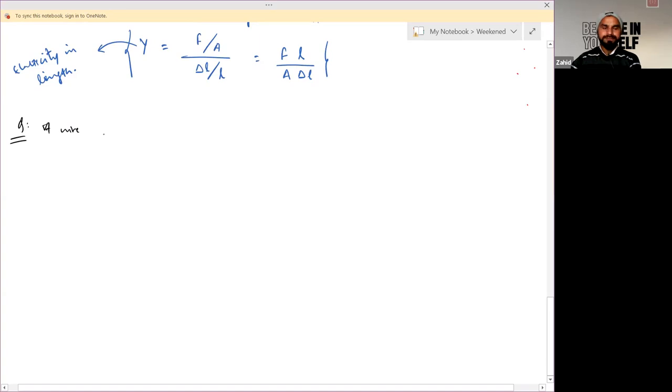A wire of 2-meter length is extended by a force of 2 kilonewton.